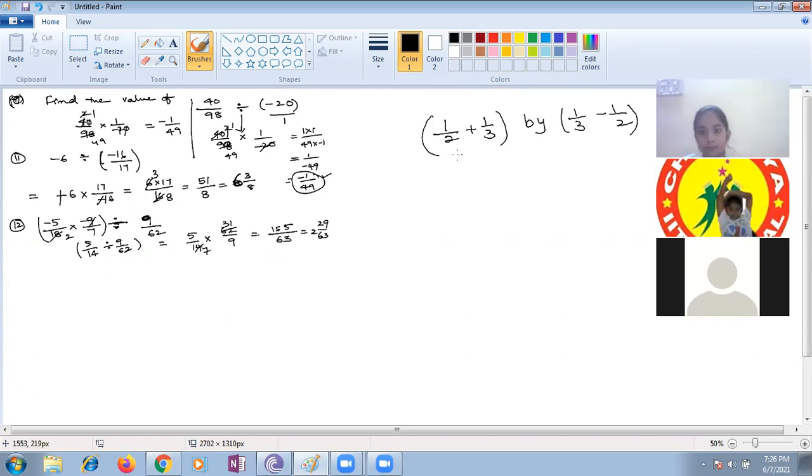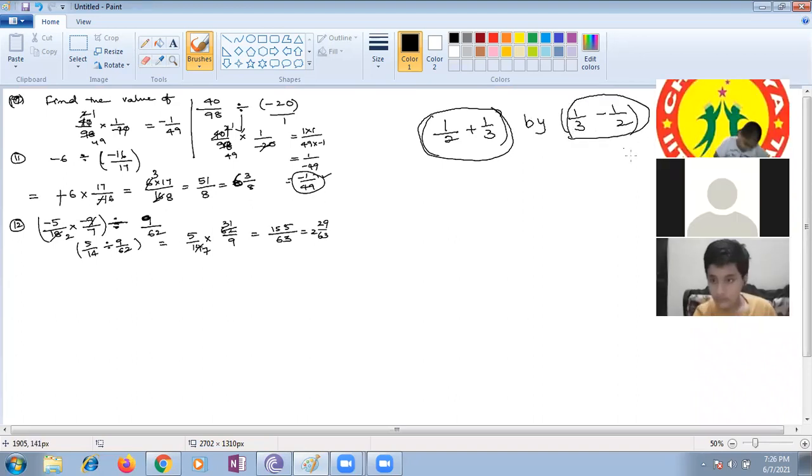This is addition of rational numbers, and this is subtraction of rational numbers. In addition, since both are unlike rational numbers, first you need to make them like rational numbers. To do that, find the LCM of 2 and 3, which is 6. So multiply the first fraction by 3 and the second fraction by 2. Here the numerators are 3 upon 6 and 2 upon 6.